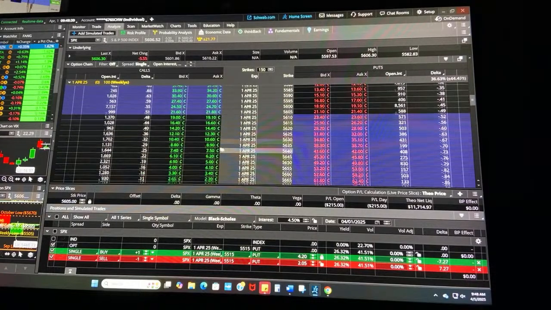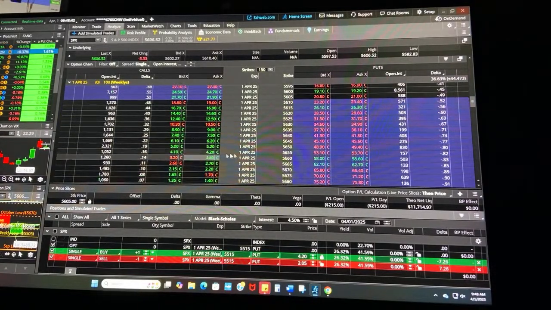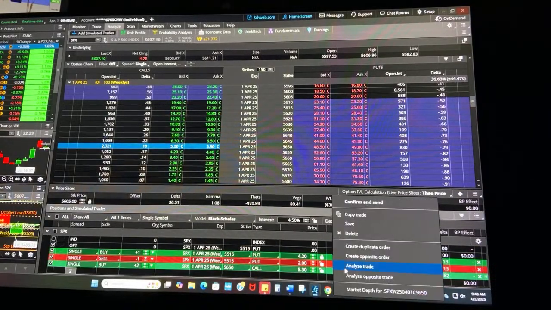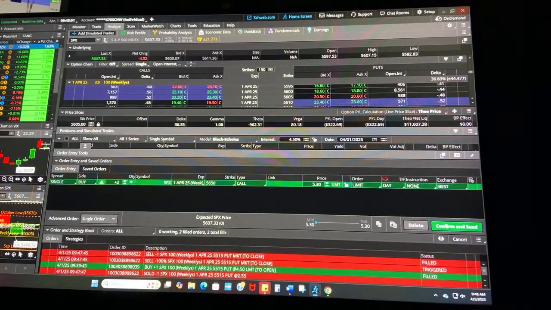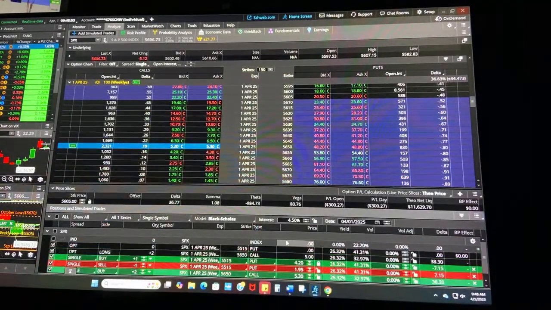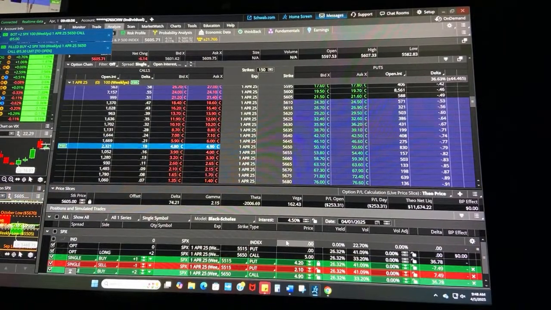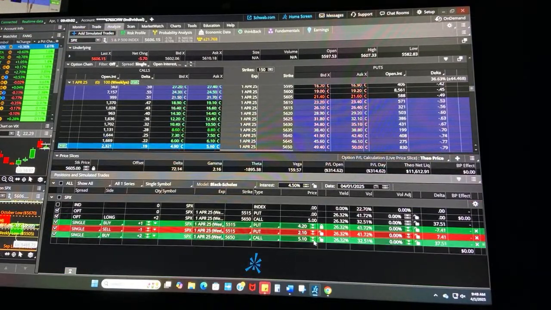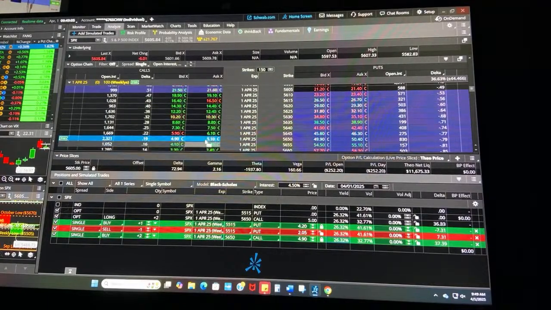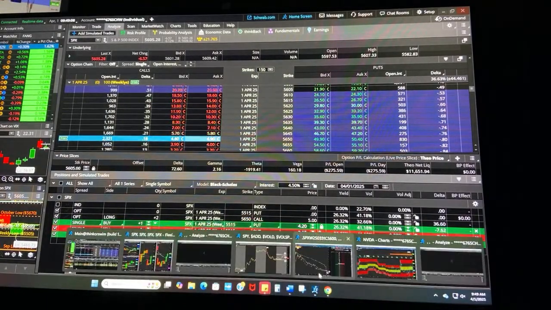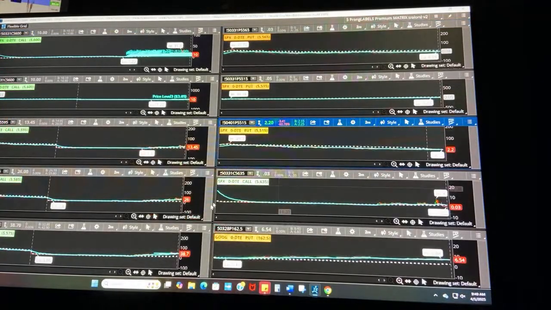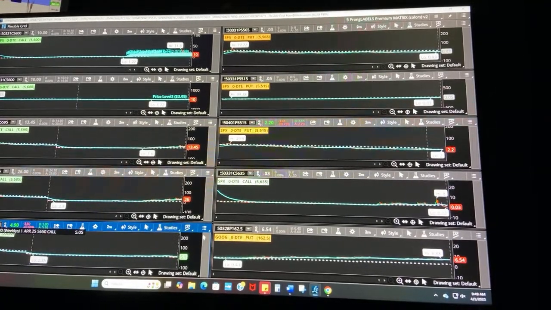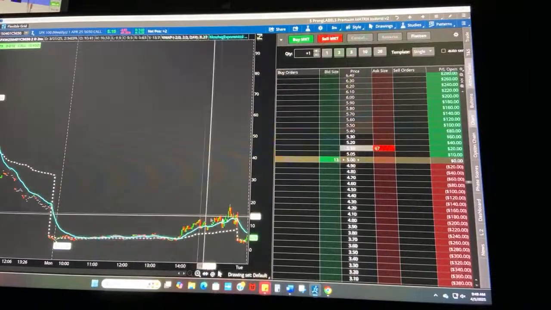All right, we got an opening day's range break here, so I'm going to switch long here. I'll pick up the 5650 calls on SPX. I just got them for 490. Choppy morning. Not really. Yesterday was an easy read. Oh, $5.